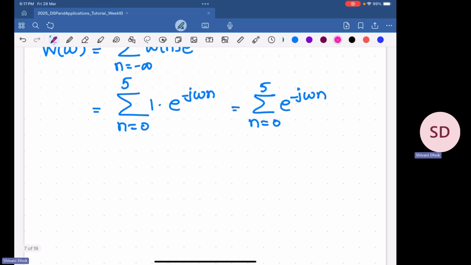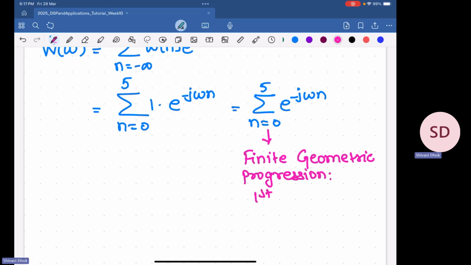Now if you observe carefully, what is this? This is basically a geometric progression, a finite geometric progression, with first term as, if you put n equal to 0 here, you get 1.